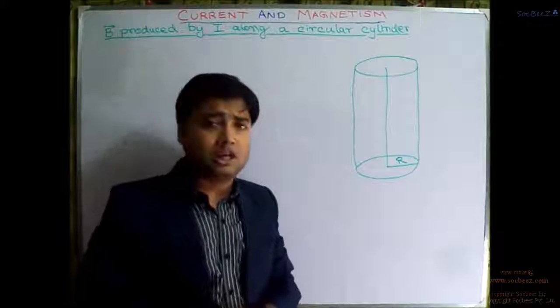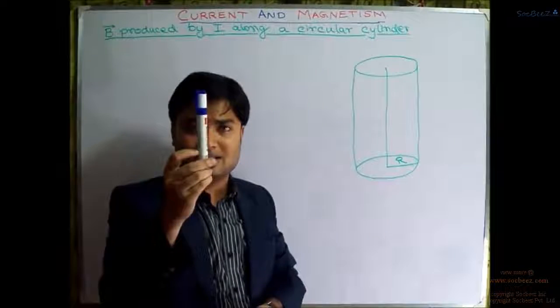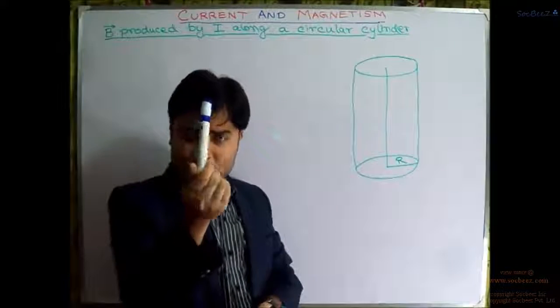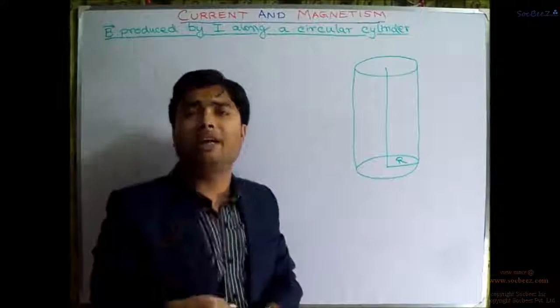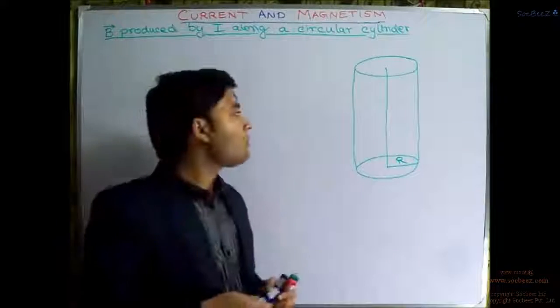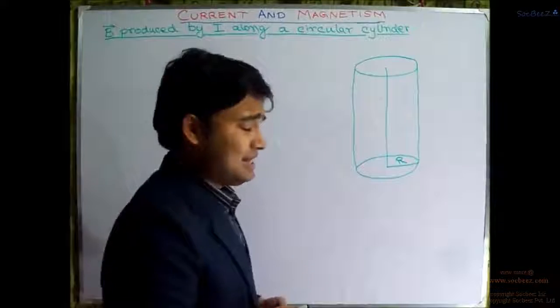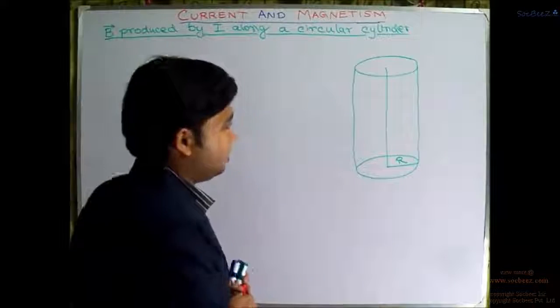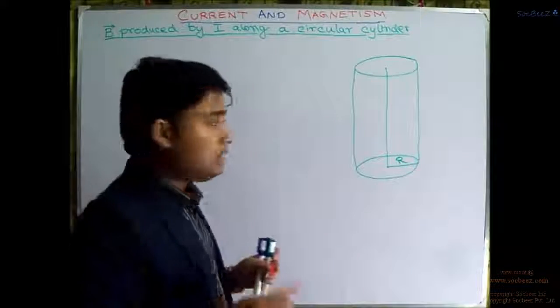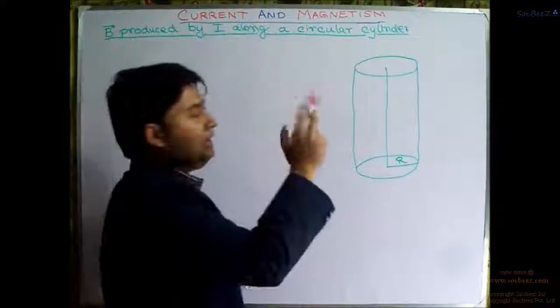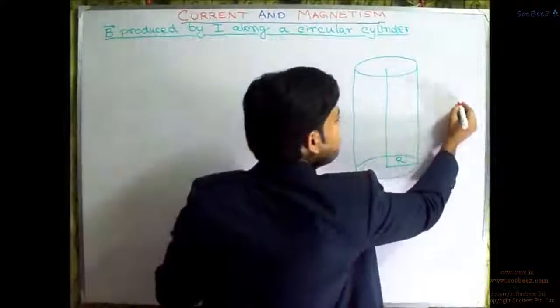Because any straight wire is just like this, which is in turn actually a circular cylinder. Right? So, for any point that is outside the circular cylinder, we wish to find out what would be the value of B. There will be several cases.